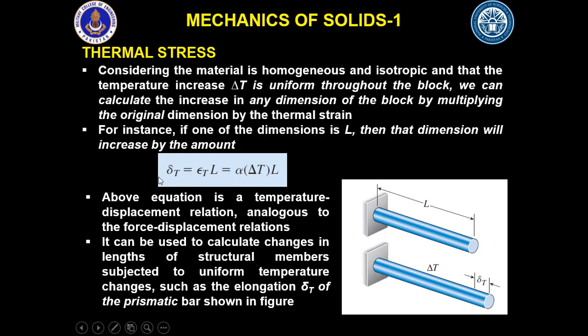So we are getting that the change in the length, as shown in the figure over here as well, there is a total length L, and because of a delta T, or change in temperature, there is a change in length as well, which is known as epsilon T, or whatever you call it, which is the small delta T. Okay.